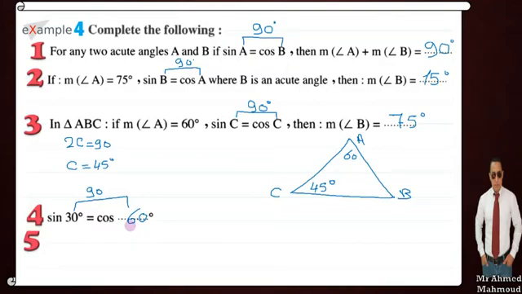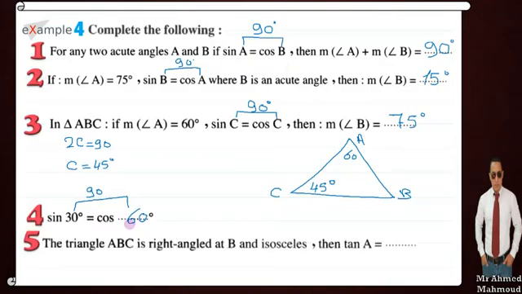Number 5. Triangle ABC is right at angle B and isosceles, then tan A equals what? Here we have an isosceles right triangle like this. I have explained the isosceles right triangle.